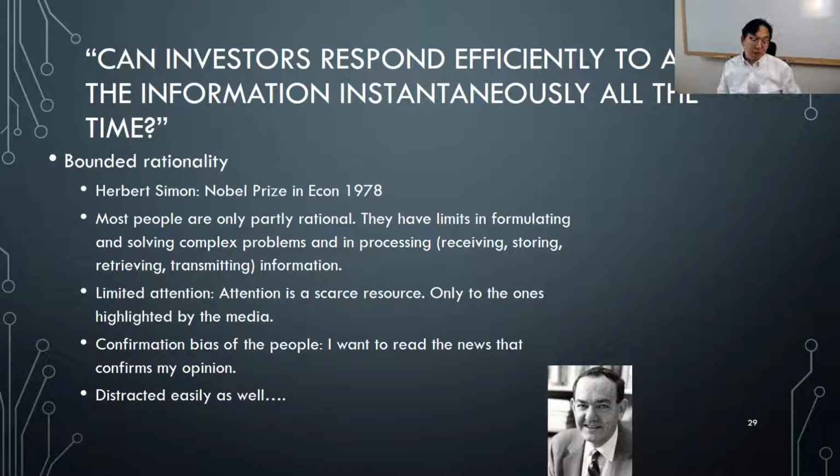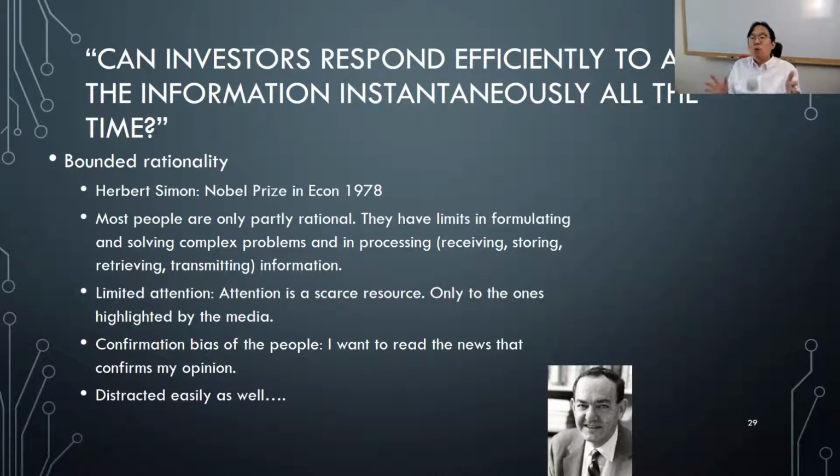We have bounded rationality, okay? So we remember and then we pay attention to those stocks that receive media attention and get the spotlight, right? And then we overreact to that small group of companies, right? For other companies in the dark, we don't respond. Our response will be delayed, right?